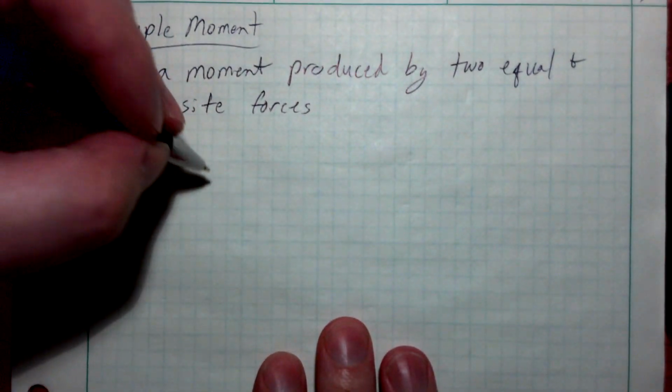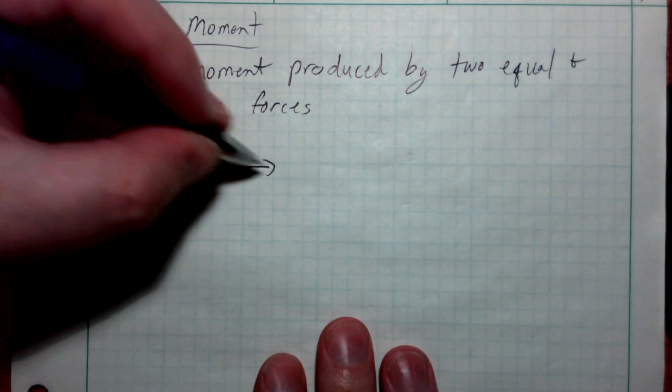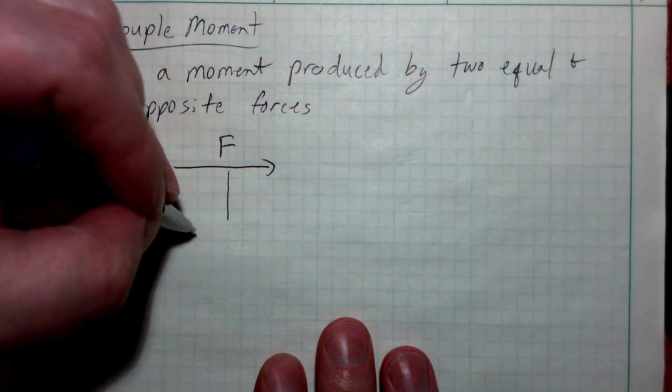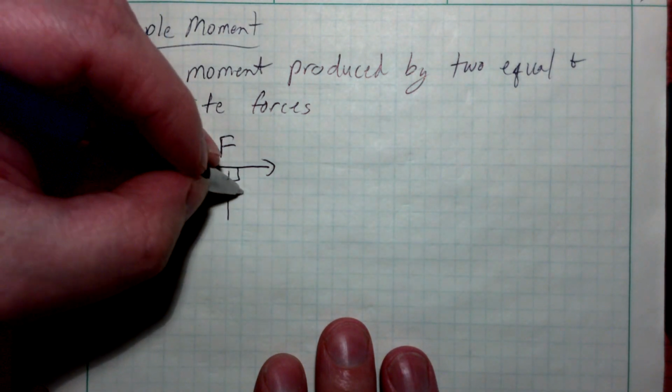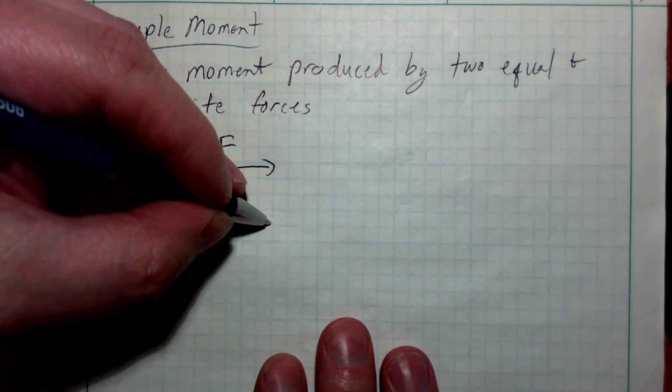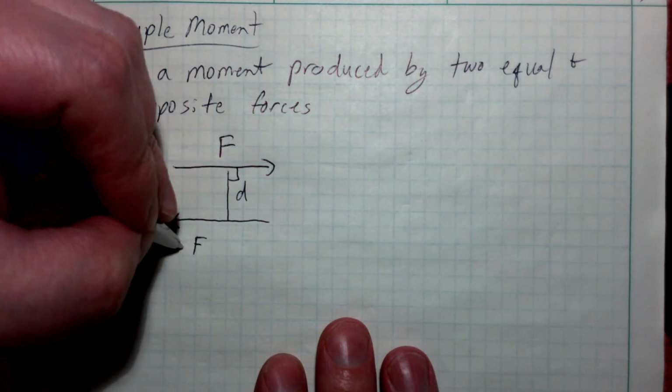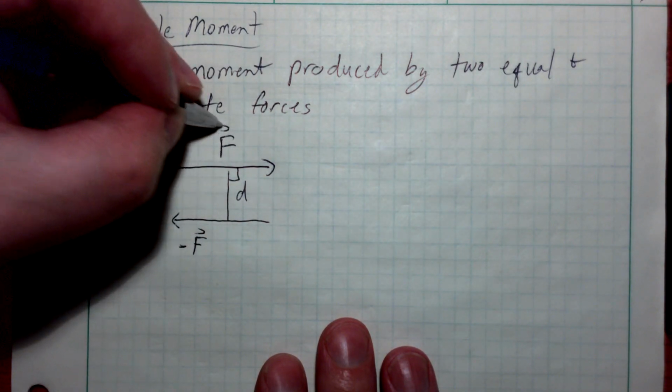Very simple. If I have force F and I have some perpendicular distance D, and that distance D is to the line of action of an equal and opposite negative F.